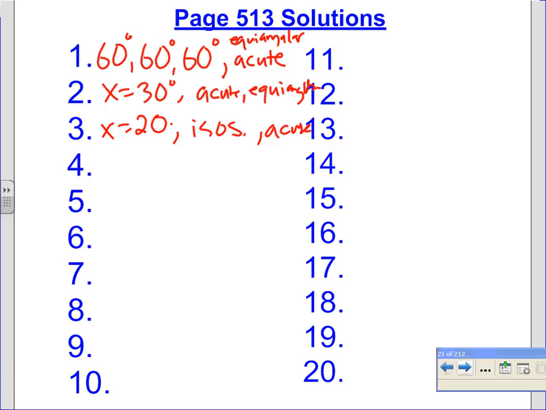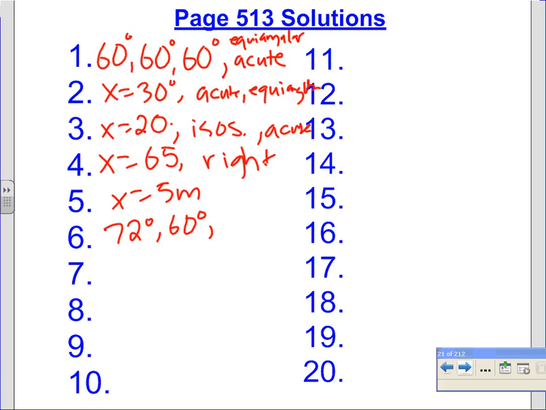Number 4, Evan? Good. And what kind of triangle is it? Nope. Camille? Good, that one's a right triangle. Number 5, x is 5 meters. Number 6, the angle measures are 72 degrees, 60 degrees, 48 degrees, and it is acute.